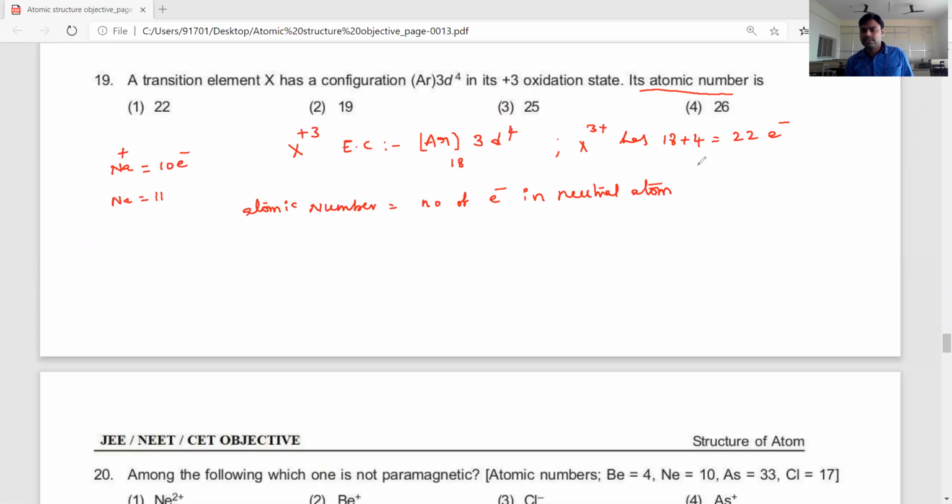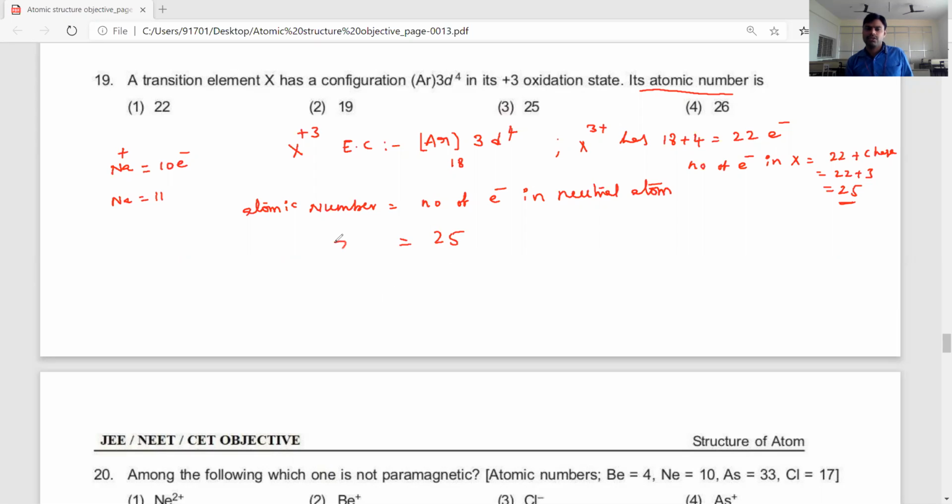See, the number of electrons in X is equal to 22 plus the charge. 22 plus 3 is equal to 25 electrons. See, X has 25 electrons, X3+ has 22 electrons.